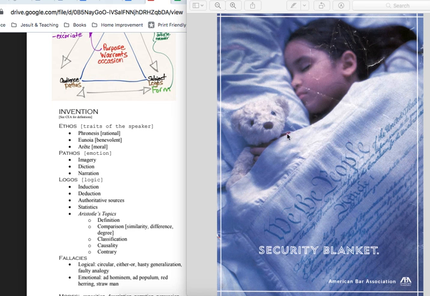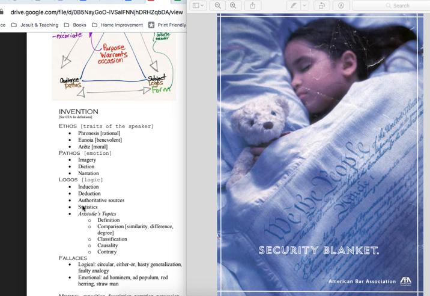So this ad is probably moving inductively because our eyes are moved first toward the evidence, and then we see the final claim. So this is most likely inductive, which is a little bit more convincing.